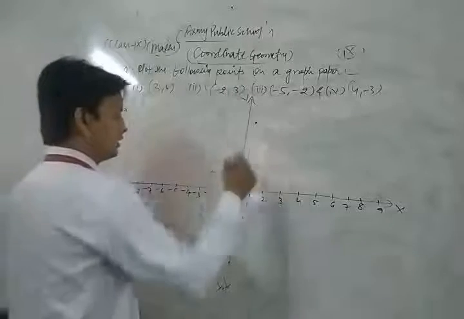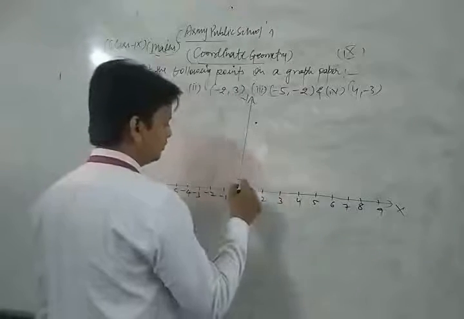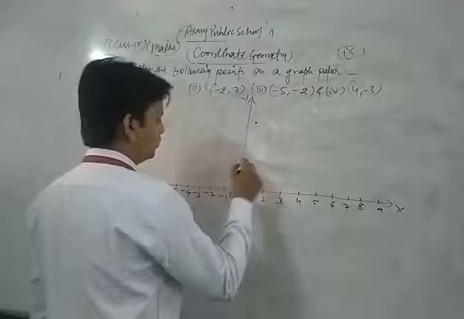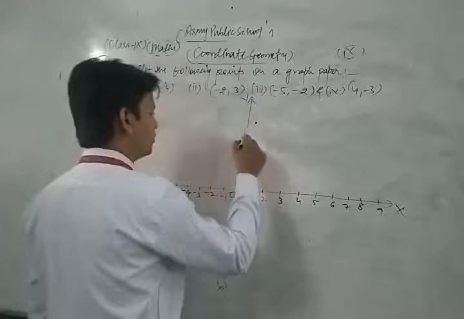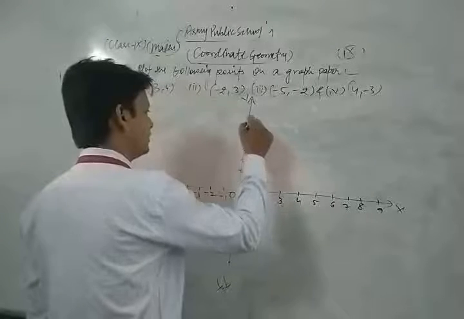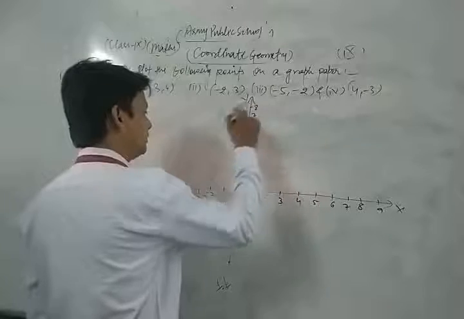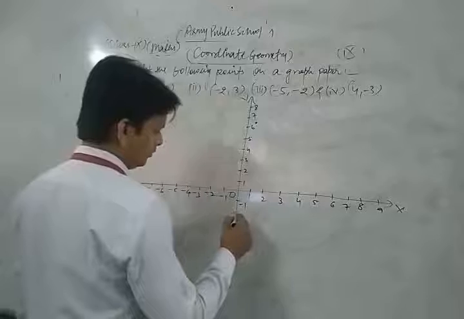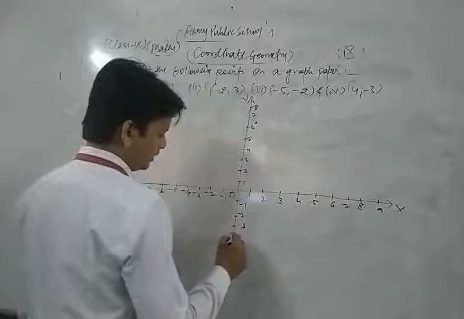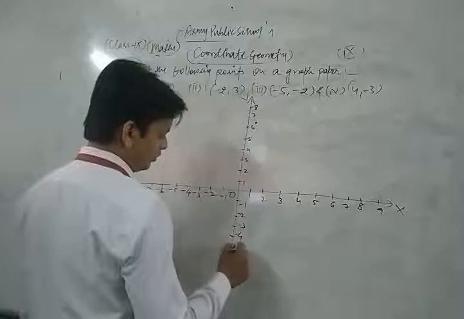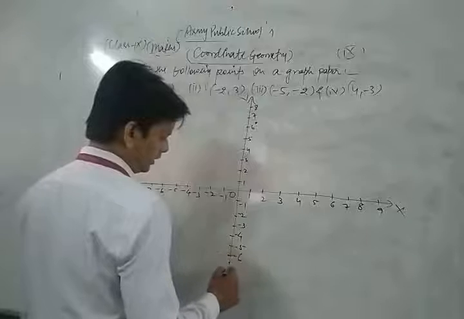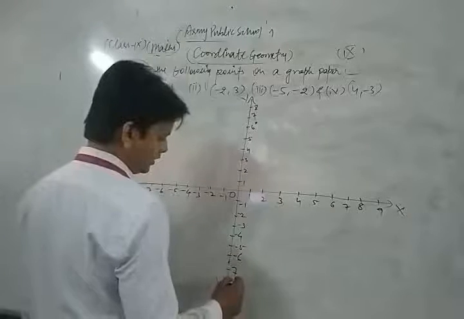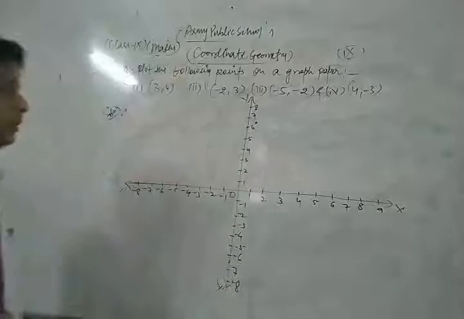Now on this side is the positive direction of y: plus 1, 2, 3, 4, 5, 6, 7, 8, and this is -1, -2, -3, -4, -5, -6, -7, and -8.